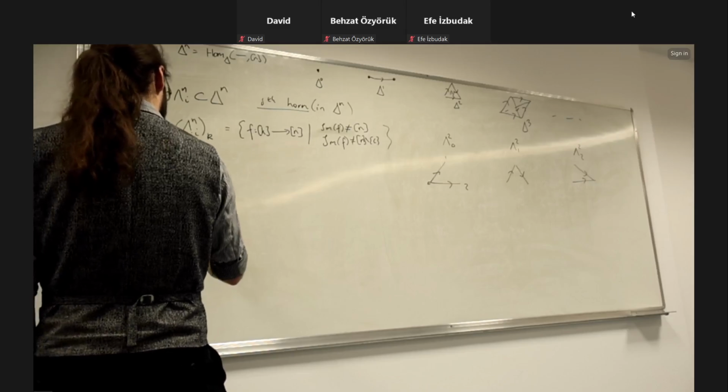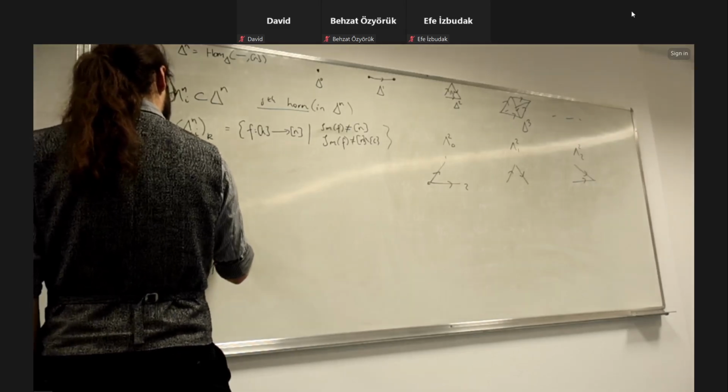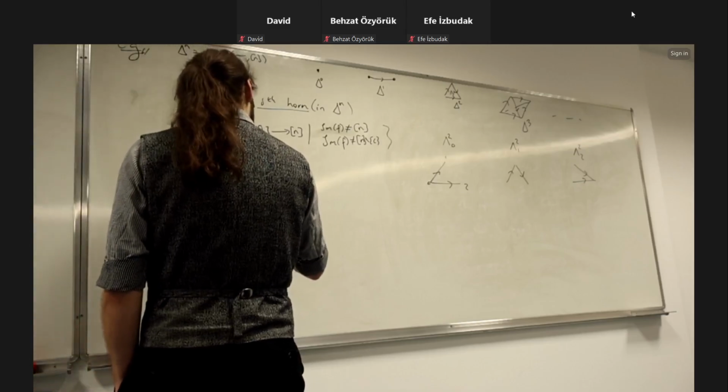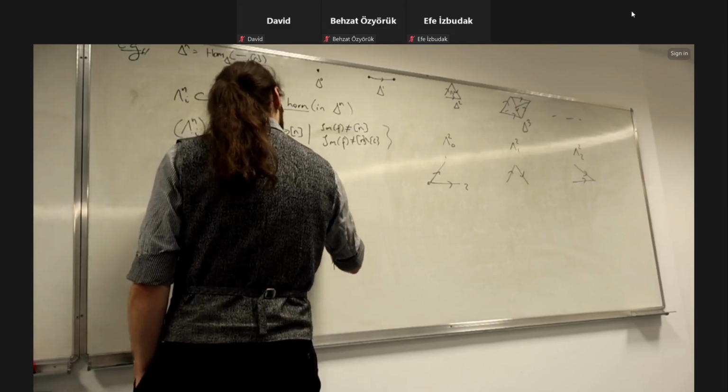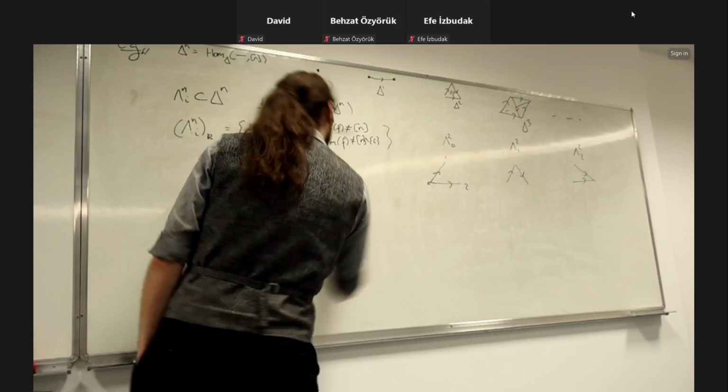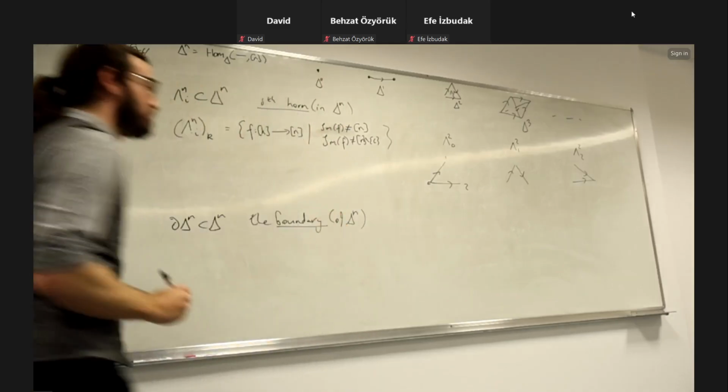And then finally, we have the boundary, partial Delta^n subset Delta^n, which is the boundary of Delta^n.